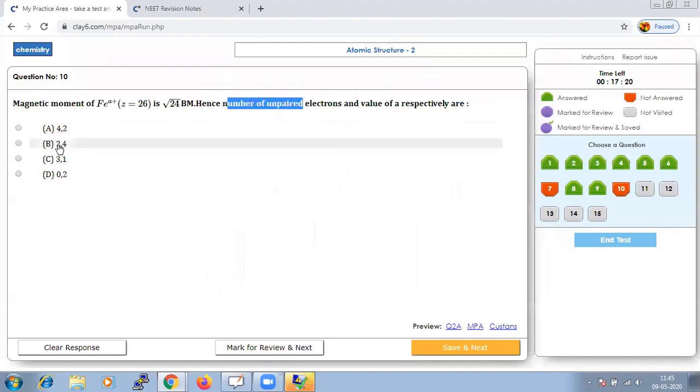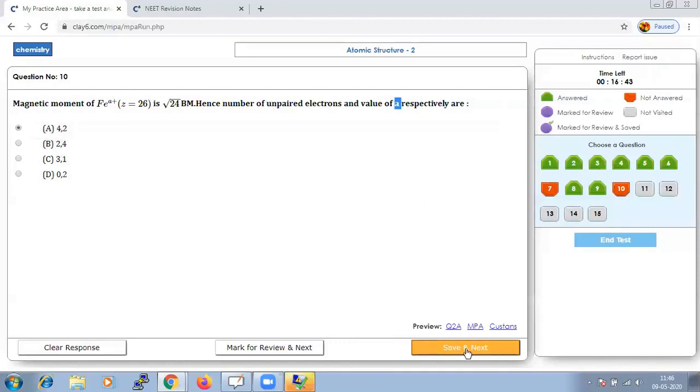You could choose option 2, 4, but this will be wrong, because first they have asked the number of unpaired electrons and then the value of A. Option B is also correct numbers, but vice versa. If you answer B, that means the number of unpaired electrons is 2 and the value of A is 4, which will be wrong. We need to give option A. Hence your answer will be 4, 2.